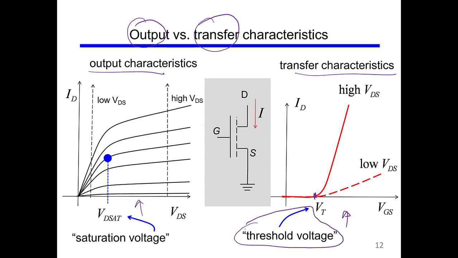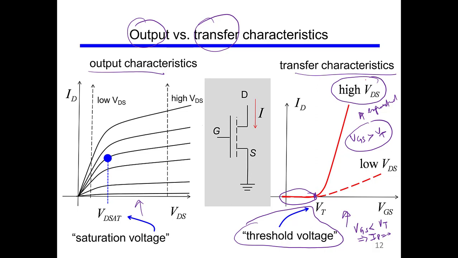What is threshold voltage? If VGS is less than VT, this will mean ID is equal to 0, so the transistor will be off. When VGS crosses the threshold voltage, the transistor turns on and we have a sort of exponential increase in current, but it depends on the value of VDS.